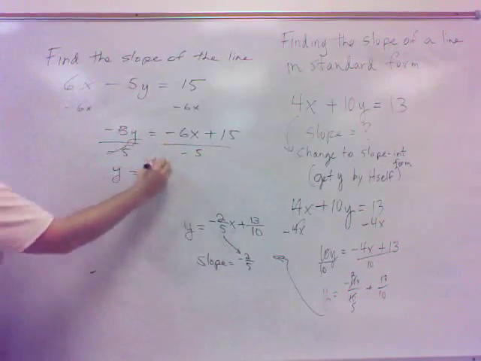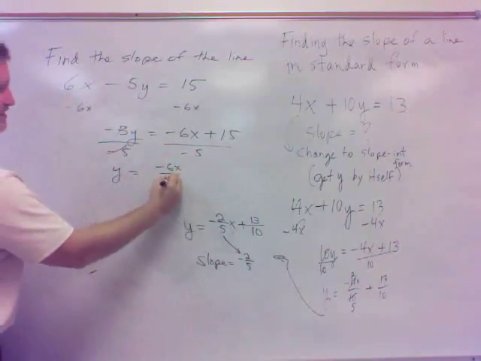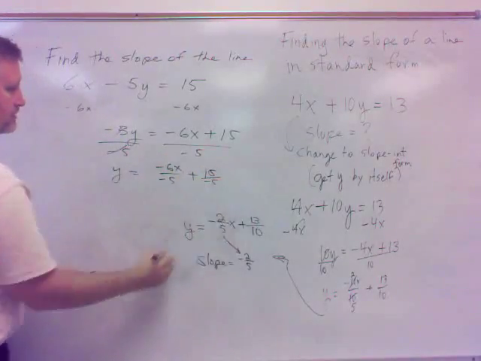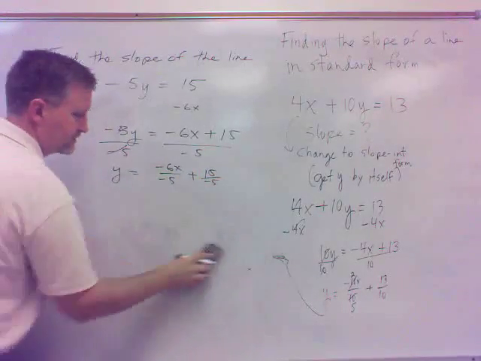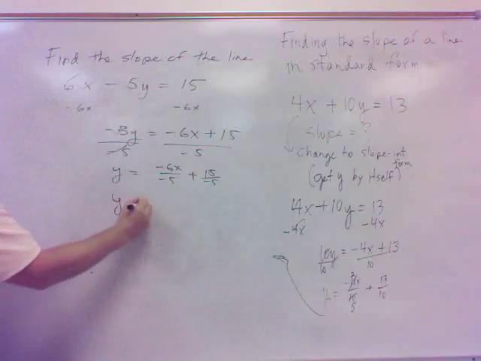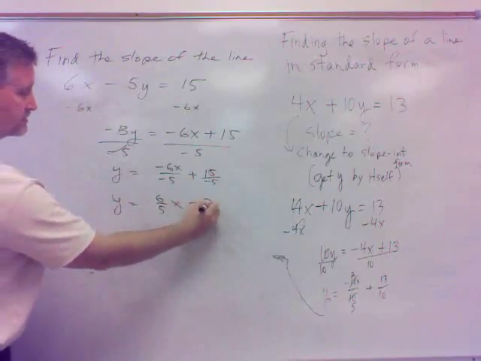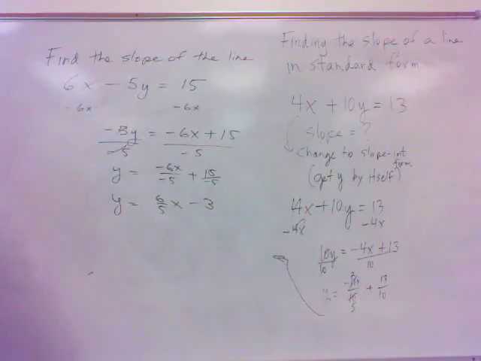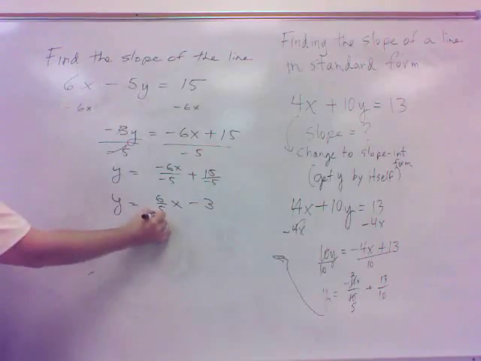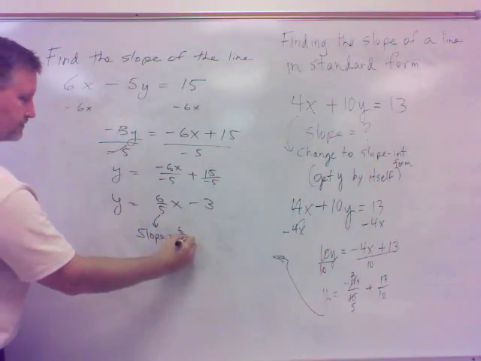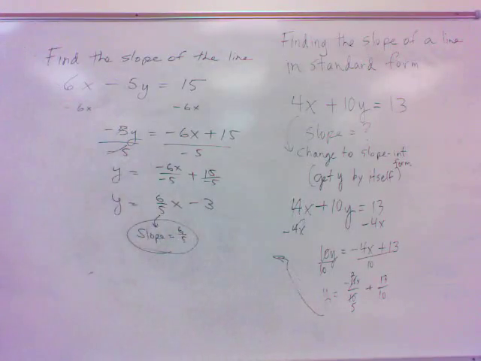So that's y equals, and then that minus 5 divides both of those. So what do I wind up with here in this case? Y equals, that would be a positive 6/5 x, and that would be minus 3. 15 divided by negative 5 is negative 3. There's my slope. Okay?